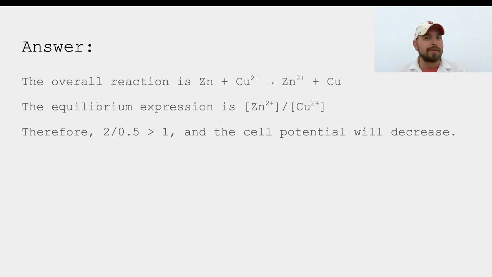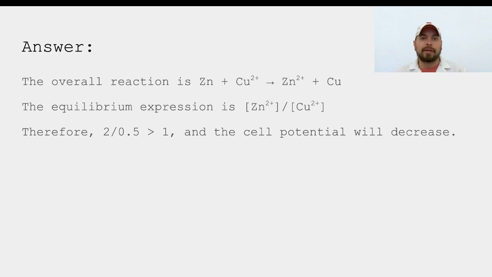But if it wasn't a 1-to-1 ratio between the two ions, maybe it was a 2-to-3 ratio or a 1-to-2 ratio, now all of a sudden, changing concentrations can change the Q value differently than it would have if it was a 1-to-1 ratio. So be careful with that. It's not common and you're not often going to see it, but you could see it, and that's a great way to trip you up in this type of problem.